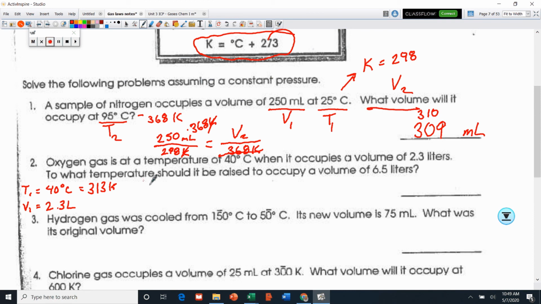To what temperature should it be raised to occupy a new volume, V2, of 6.5 liters? Now, that means we are solving for T2. Go ahead, pause the video, set up your problem, solve, and see what you come up with.